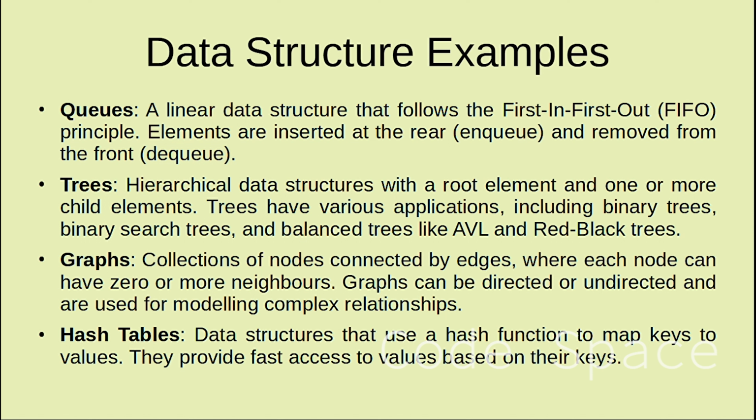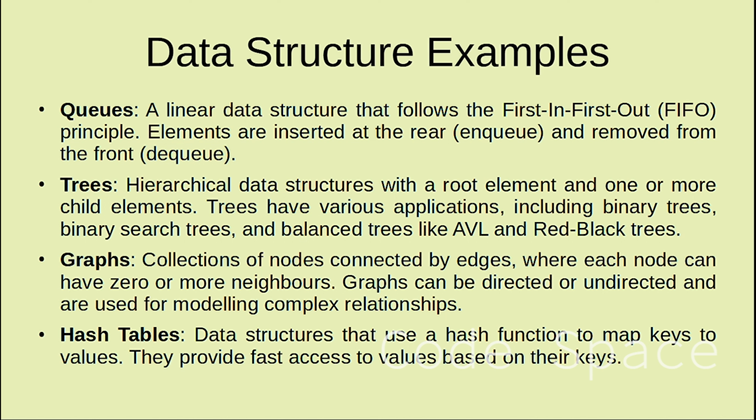Next is graphs. A graph is also a collection of nodes connected by edges. In trees, we follow some sort of pattern, but in graphs, we can have one node connected to multiple edges. So it is a different kind of structure, but it is also a collection of nodes.